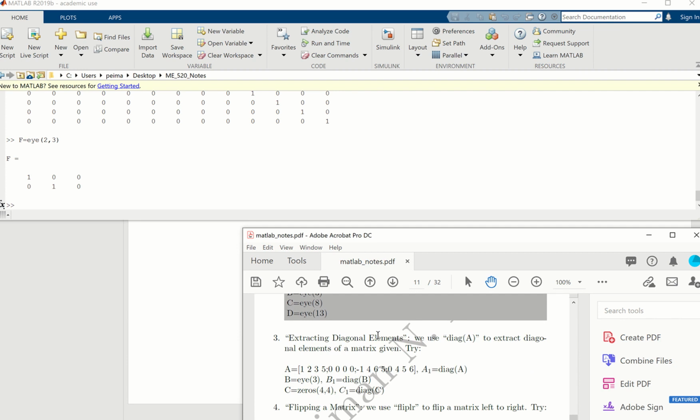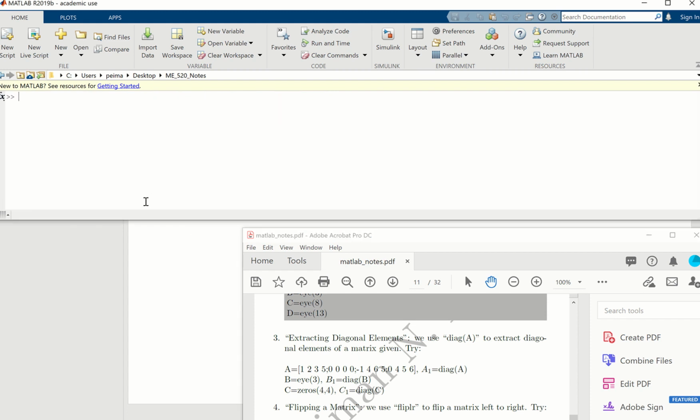Okay, now extracting diagonal elements in a given matrix. We use diag of A to extract diagonal elements of a given matrix. Like this. So clear. So A is, as I'm doing exactly like this.